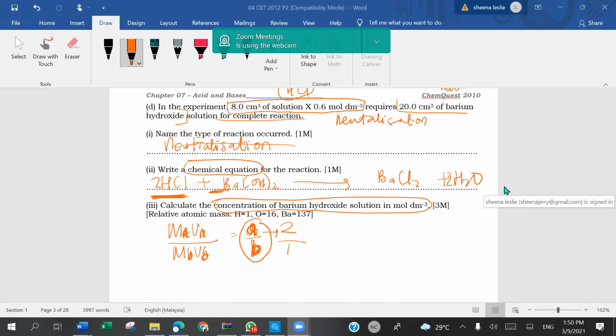Okay, one got 1.2, one got 0.6. Uh-oh. Okay, other answers? I didn't get both these answers either. Any other answers? Not 0.6, it's 0.06.